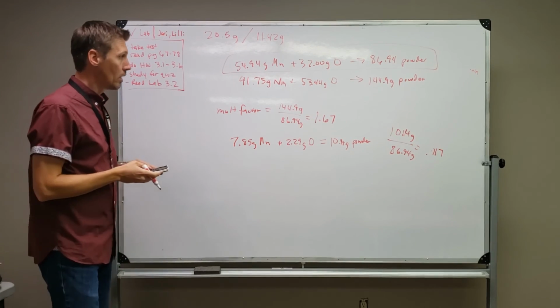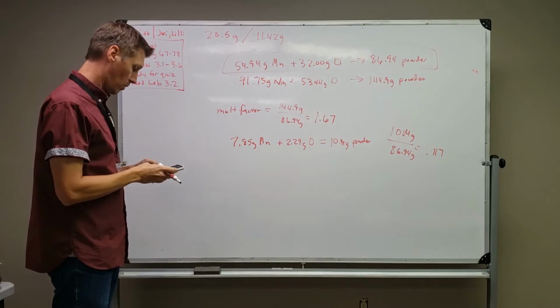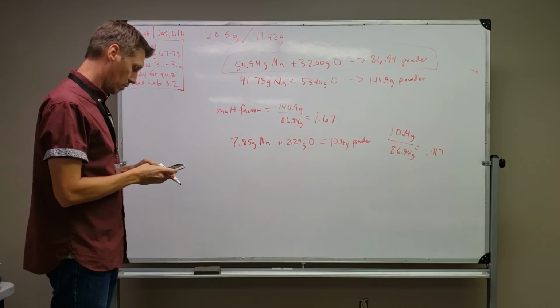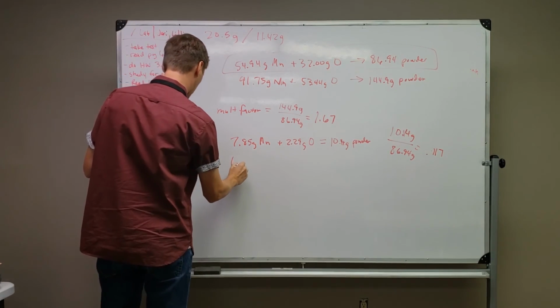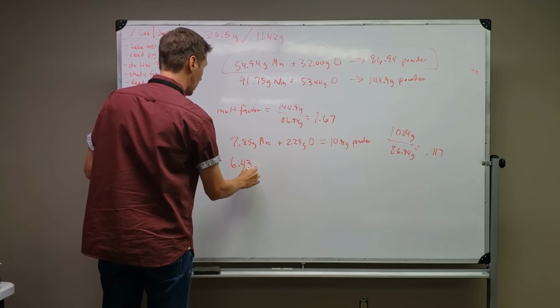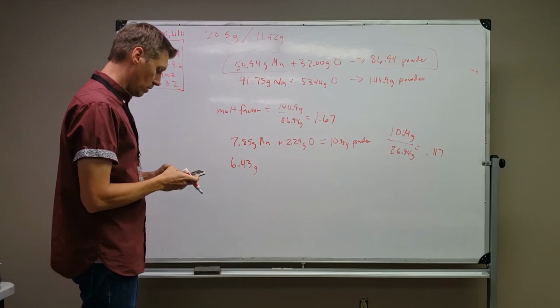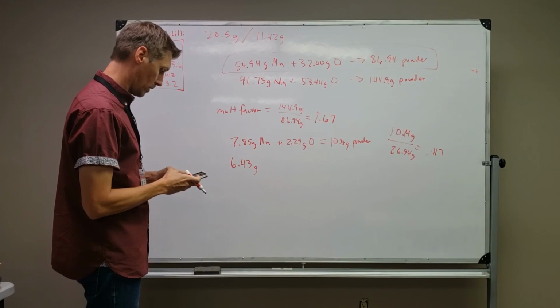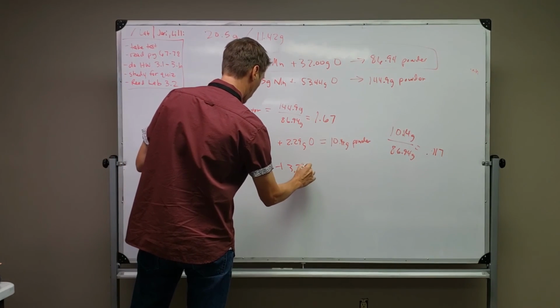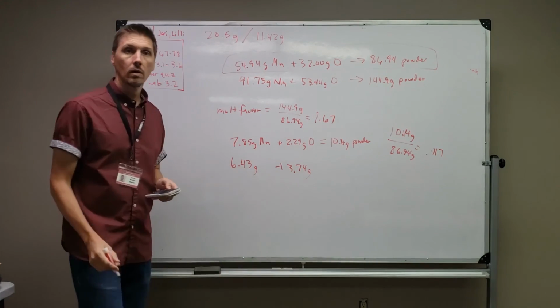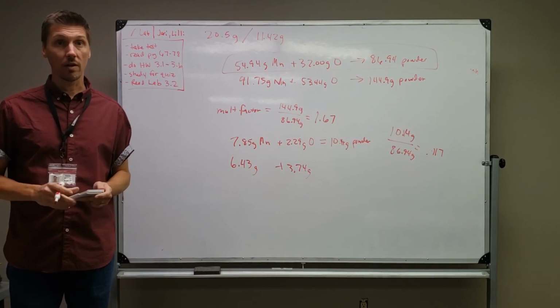Okay, so let's see. 54.94 times 0.117 equals 6.4, I don't get quite the same, 6.43. If I do 32 times 0.117, I get 3.74 grams. So I hope that the answer in the book was they're not the same.